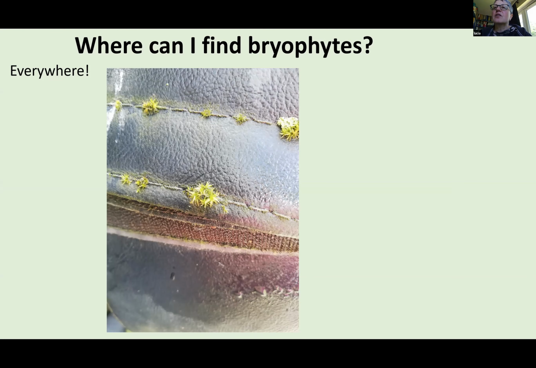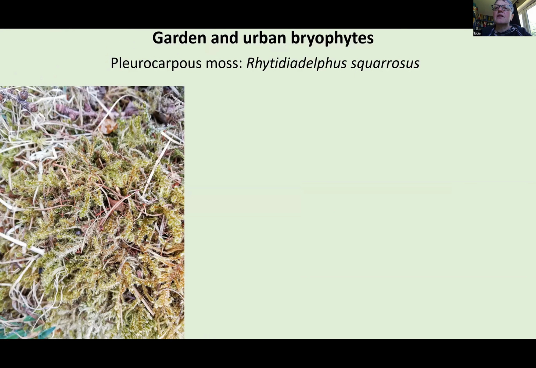So I wanted to go through with you just to have a quick look at what mosses you're likely to find in lockdown in your garden or in built-up areas. And I'm going to start with the ubiquitous pleurocarpus moss, Rhytidiadelphus squarrosus, because that's bound to be in your lawn.